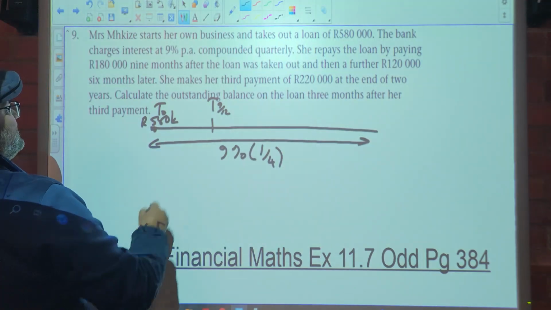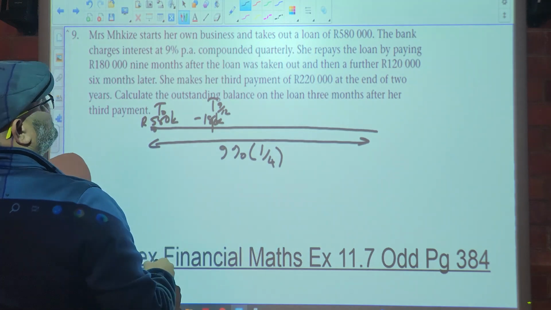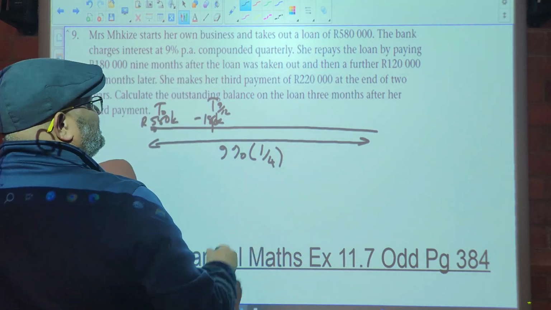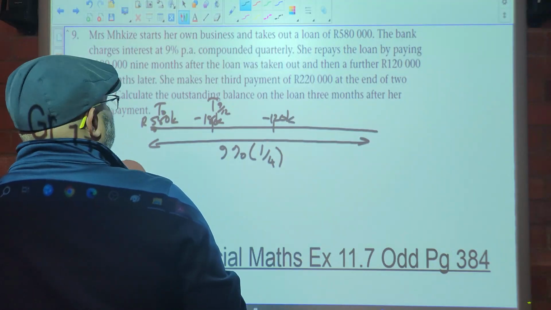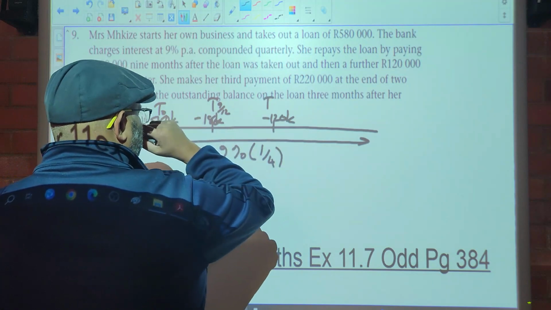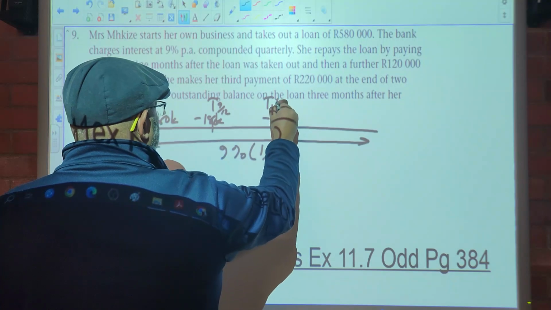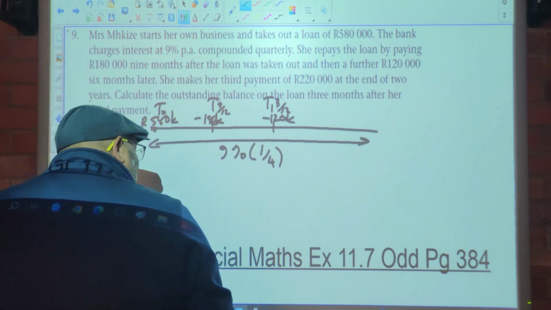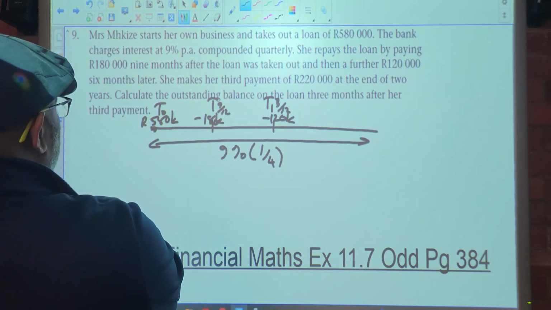So she pays 180,000 rand after she's taken out the loan, and a further 120,000 rand 6 months later. 6 plus 9 is 1 year, 3 months, or 1 and a quarter.